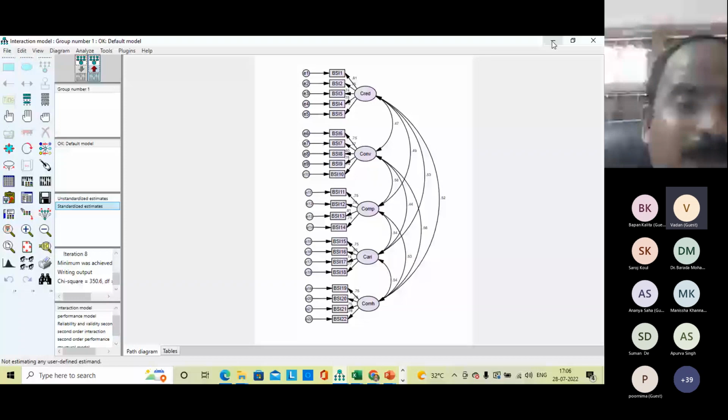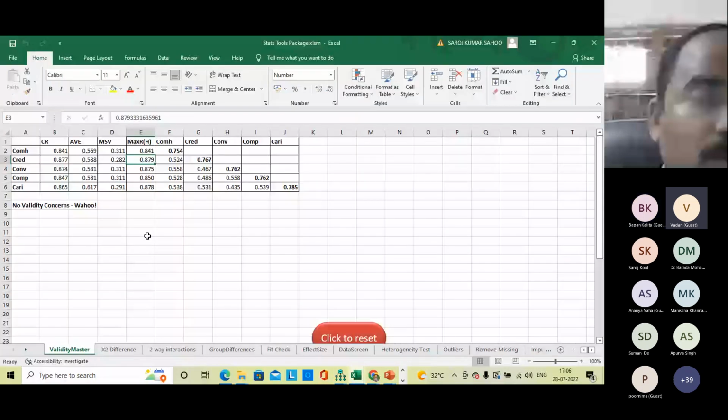Likewise, the max RH value for the credibility is 0.879. 1 minus 0.879 is how much? That much probability, or that much regression weight, remains for the rest of the indicators to explain the credibility construct, which is very negligible.